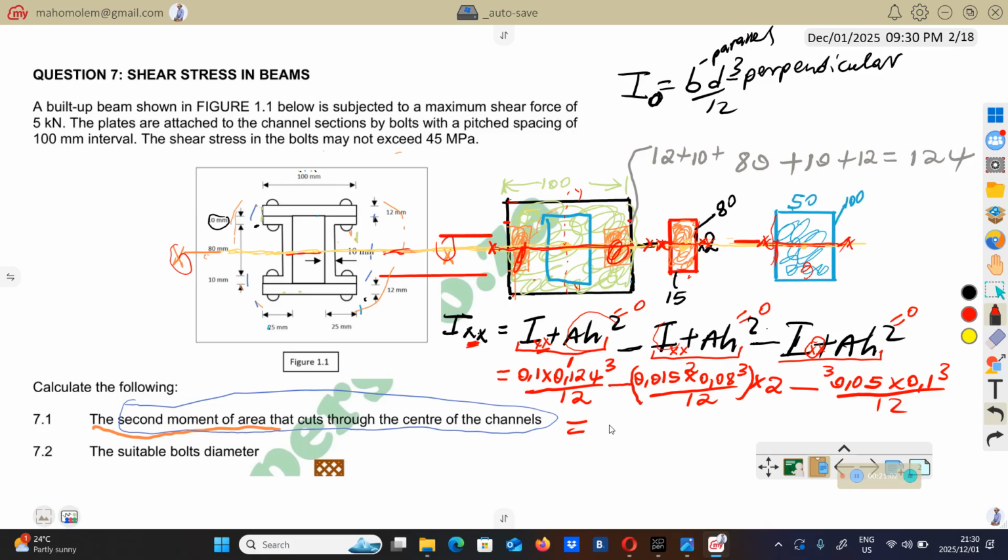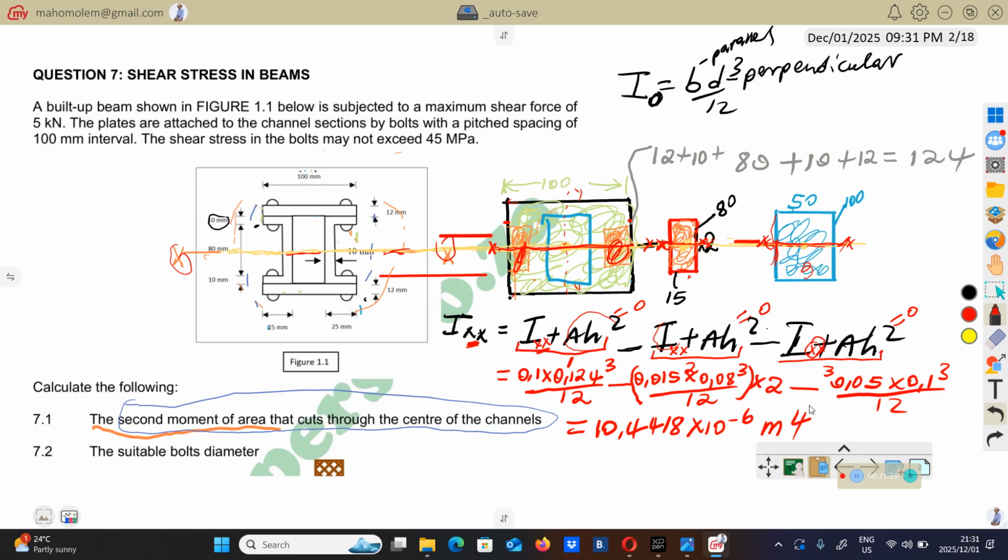Then you will get 10.4418 times 10 to the power minus 6 m to the power 4. So that is the first question.